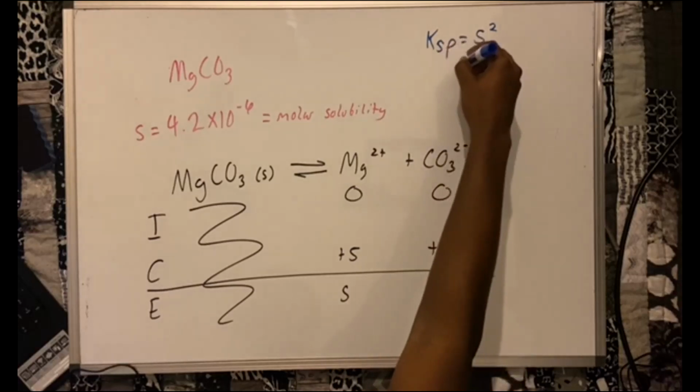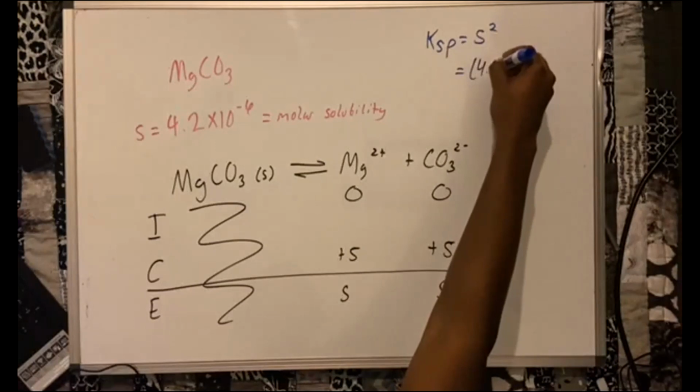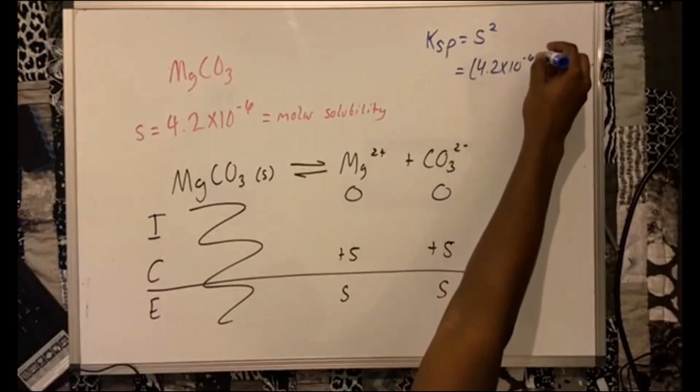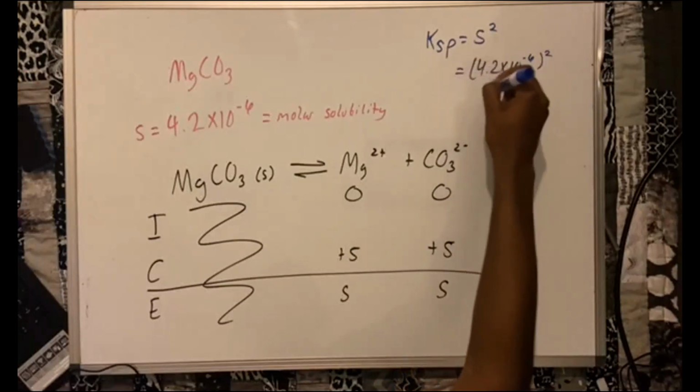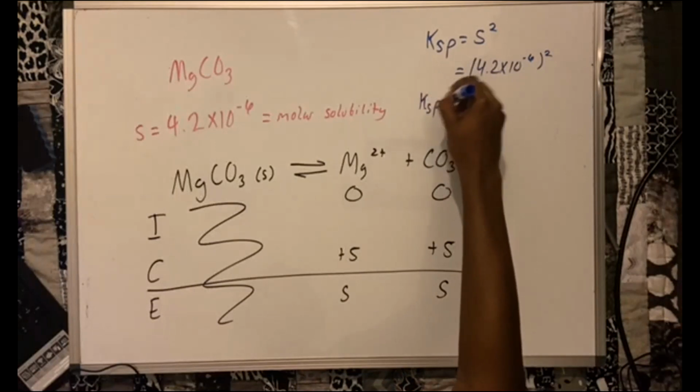And so that's going to be my 4.2 times 10 to the negative 6, squared.